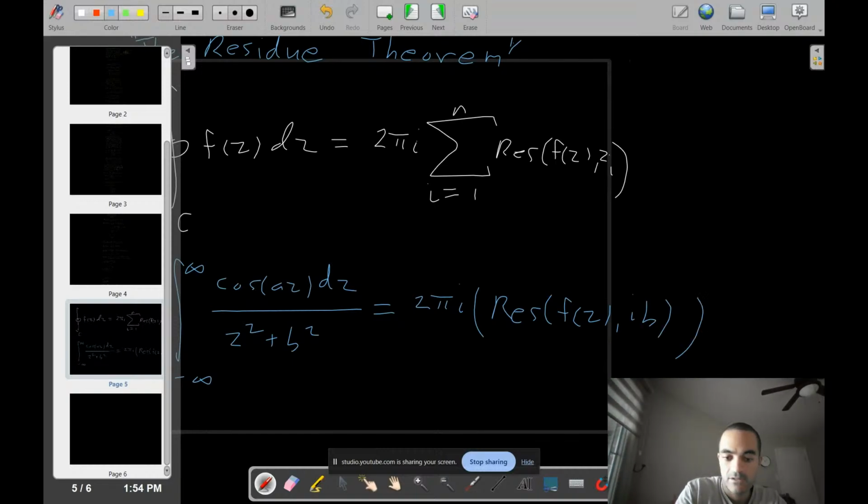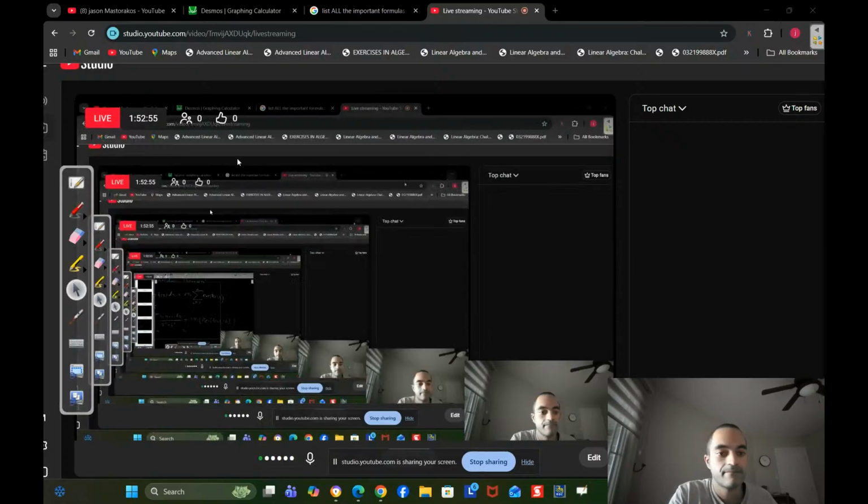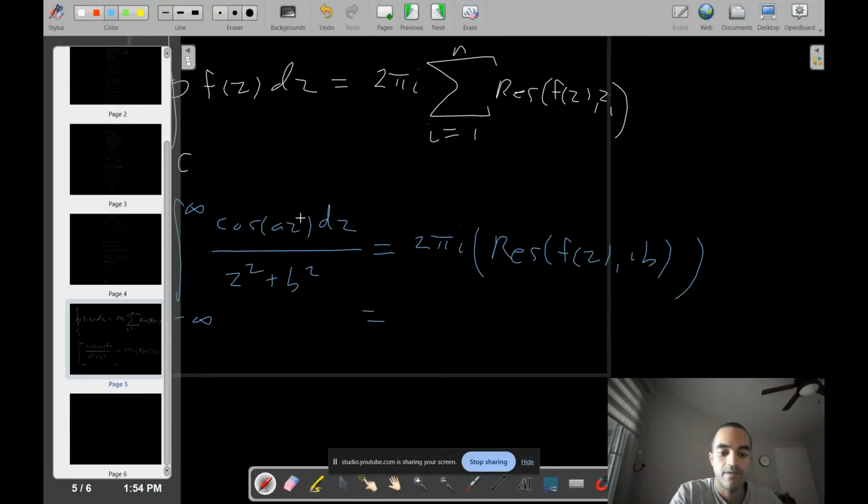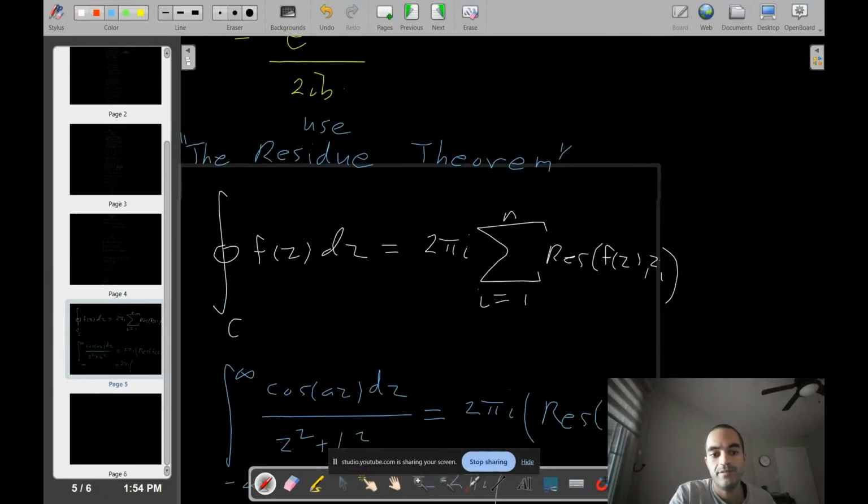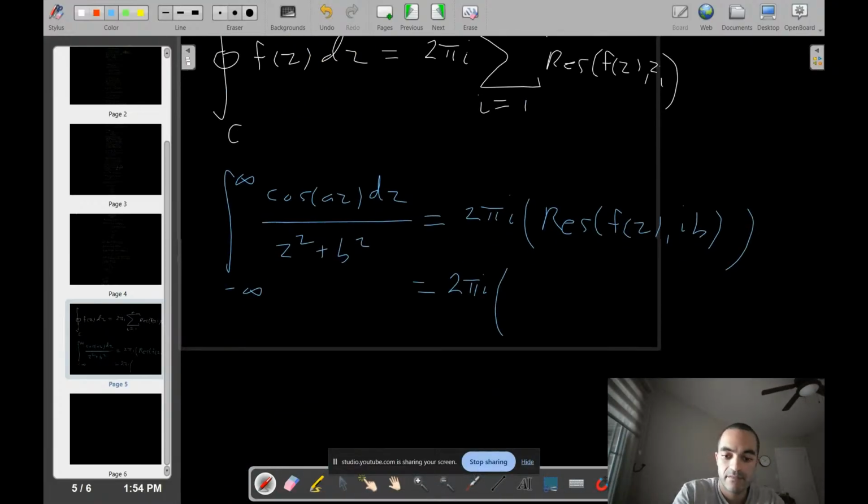The other one is not included because it's not in the contour. So this is now going to become 2 pi i times what we got earlier, e to the negative ab power divided by 2i.